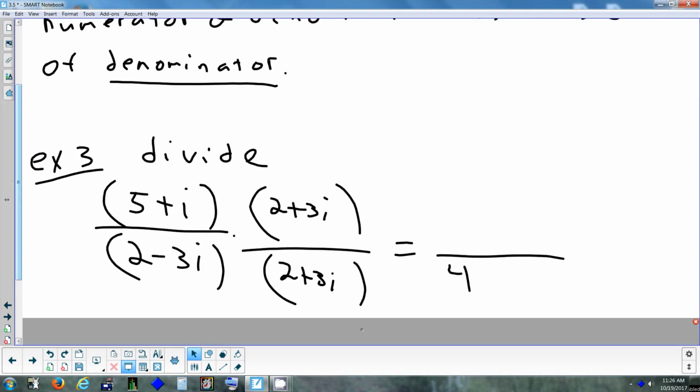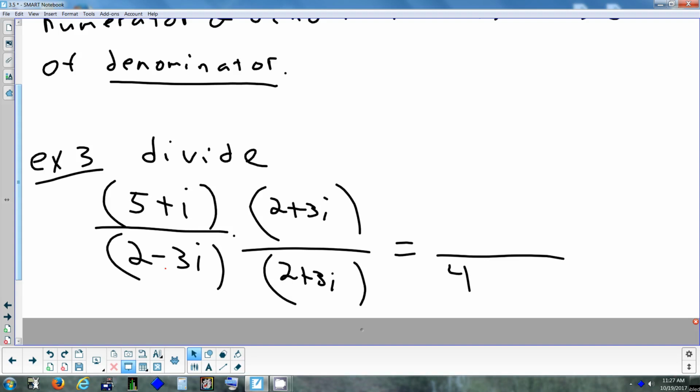Right? What's positive 2 times negative 3i? Negative 6i. So what's going to happen with the 6i and negative 6i? They cancel out. So whenever you multiply conjugates, you don't need to worry about doing the outer and the inner. They cancel every time. If you want to write down plus 6i minus 6i, you can. Then it just crosses out.